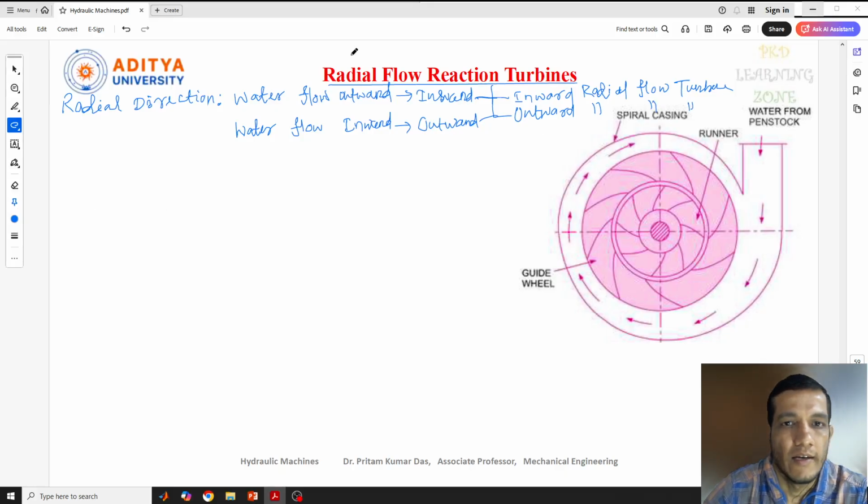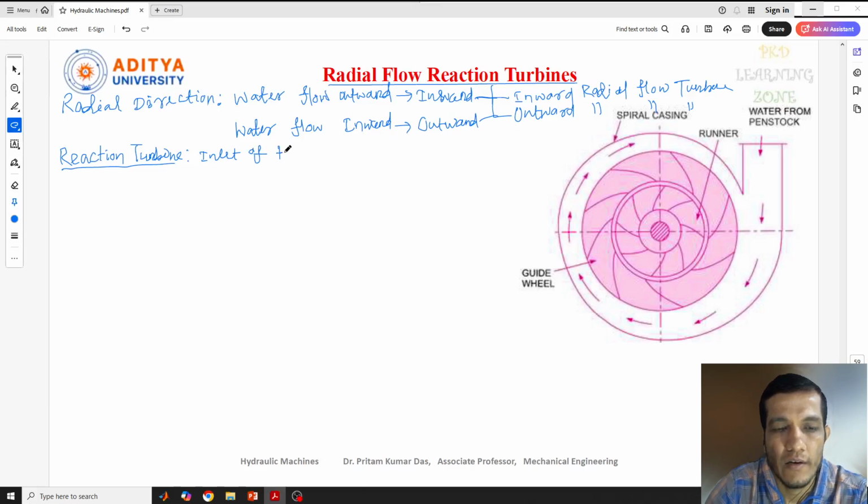Now the next concept is, what is reaction turbine? We have seen impulse turbine, and now we'll discuss this reaction turbine. I have told you the definition of the reaction turbine previously. In this, the water at the inlet of the turbine possesses both kinetic energy as well as pressure energy.